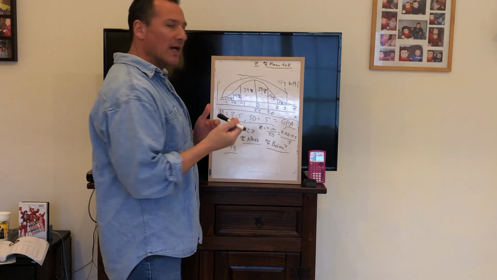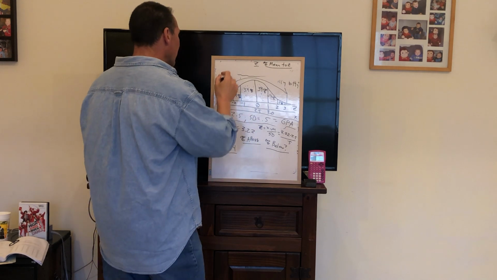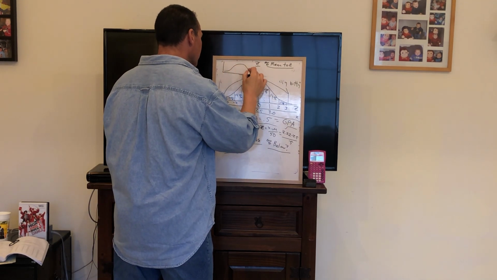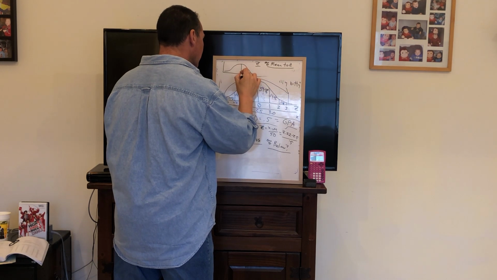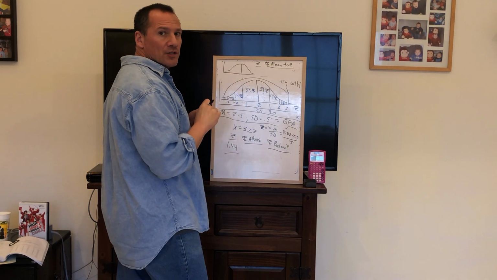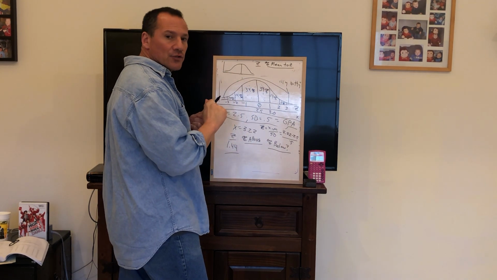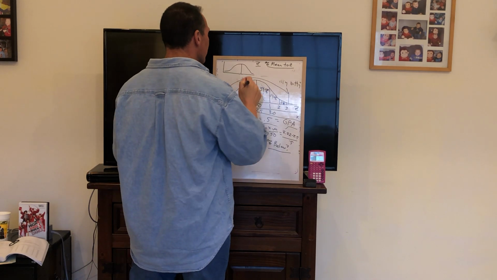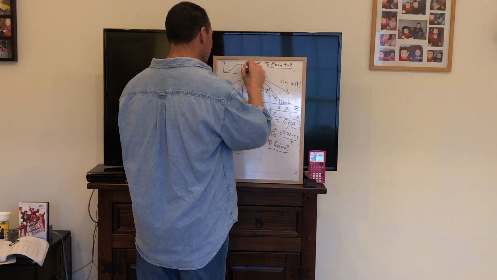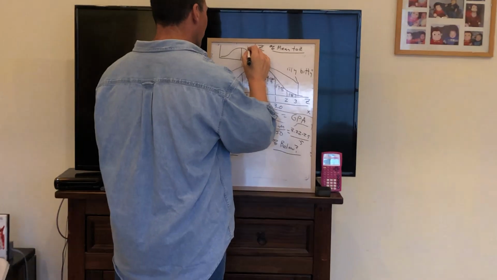So when I have a problem like this, I like to draw a brand new normal distribution. I have the mean marked because I always mark the mean. I also will mark the particular score of interest, which has a Z of 1.44.